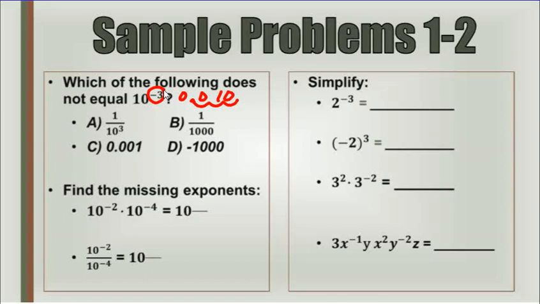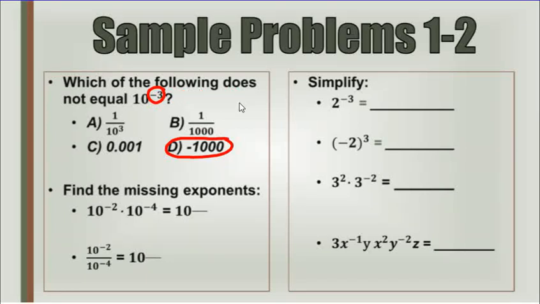So if you look at our choices, which of the following does not equal that? We know that it cannot be D, negative 1,000, because our answer is a positive answer here. I'm going to just erase this part right here because this is not in scientific notation.